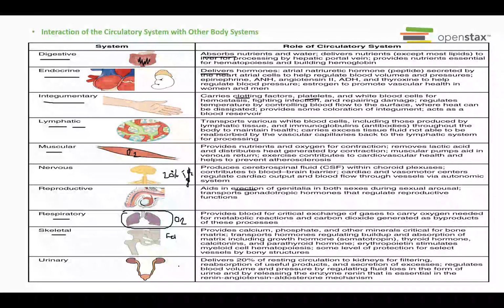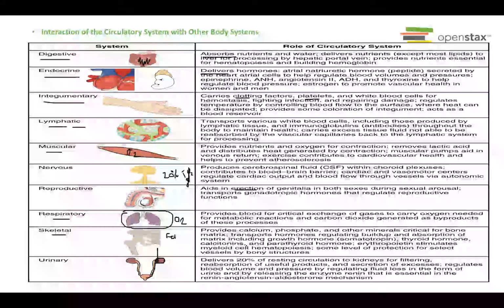And urinary system: the blood carries the waste material to the kidney, and the kidney will filter it and then produce the urine. So these are some connections between the cardiovascular system and some other systems that we have.